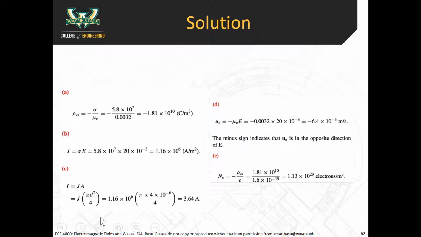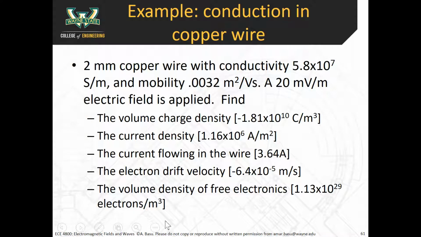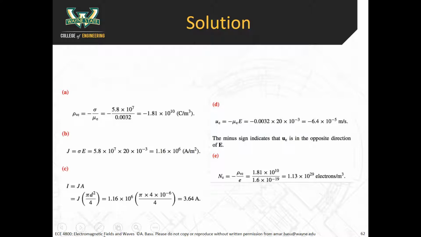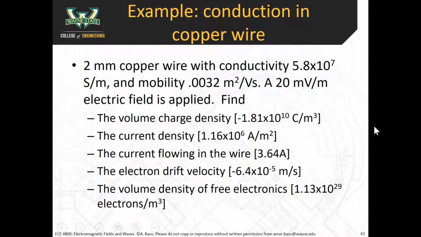Next part here. What is the current density? The current density is equal to sigma times E. All right, you're given sigma and you're given E. So again, plug and chug. Now, the thing I want you to remember in this part of the problem is that the electric field given to you is 20 millivolts per meter. That means 20 times 10 to the negative 3 volts per meter.